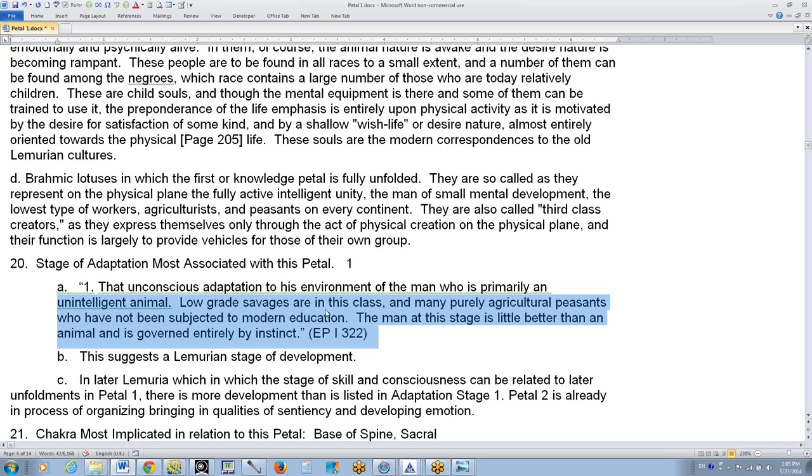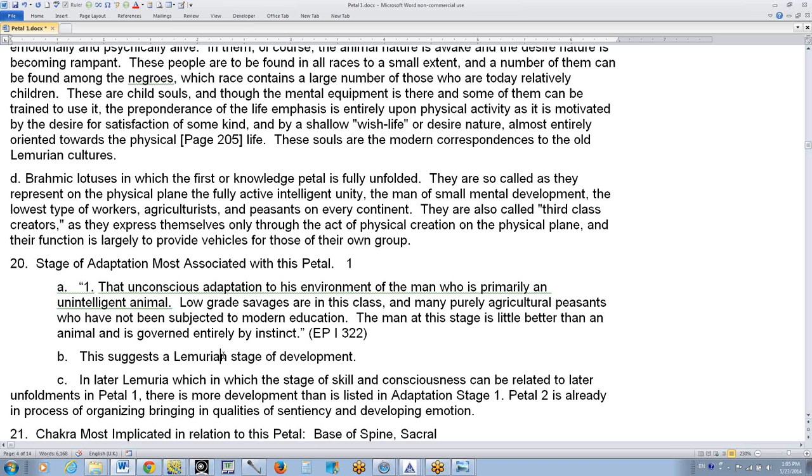There's not a higher type of culture here. In later Lemuria, which is the stage of skill and consciousness, in which the consciousness can be related to later, you see, let me see if I get this correctly.